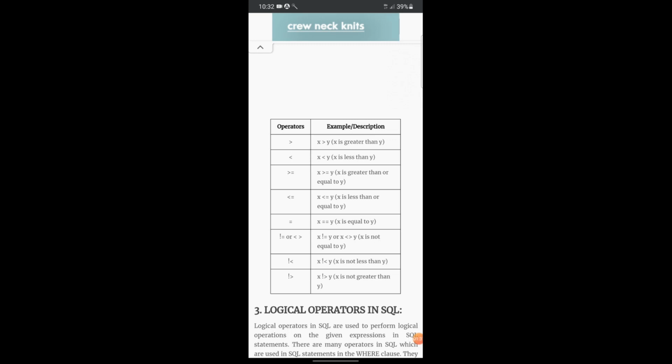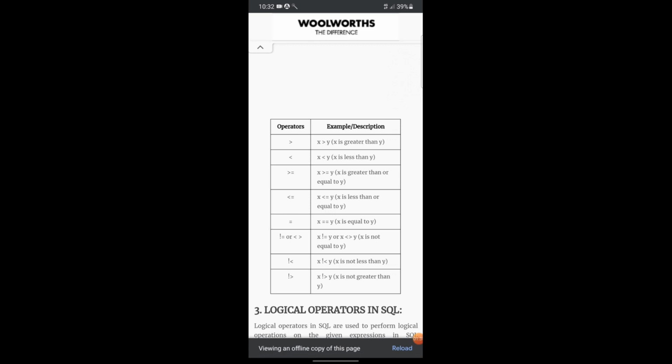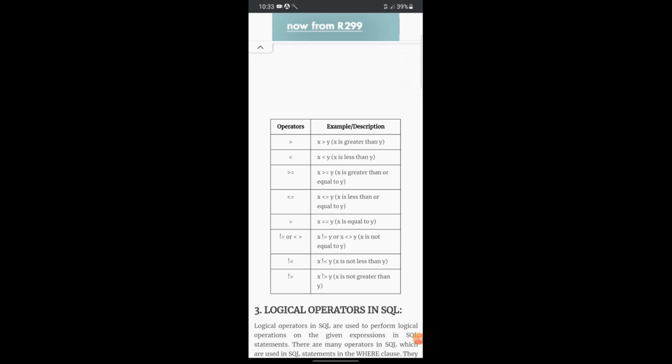The not operator can also be combined with other operators to give other meaning to the operations. If the not operator is placed before the less than operator, then the operation becomes is not less than. In that kind of scenario, the not operator plays a vital role to compare if the left hand value is not less than the right hand value.